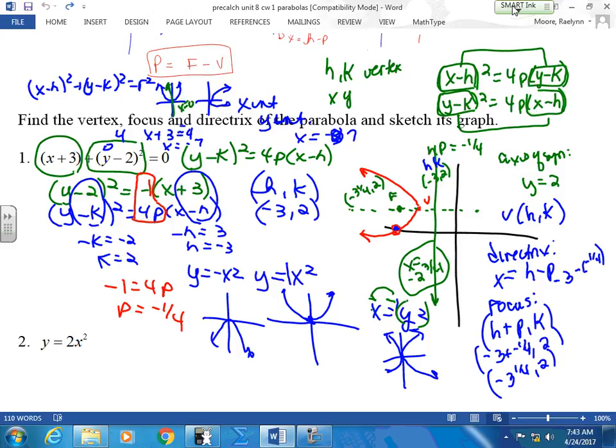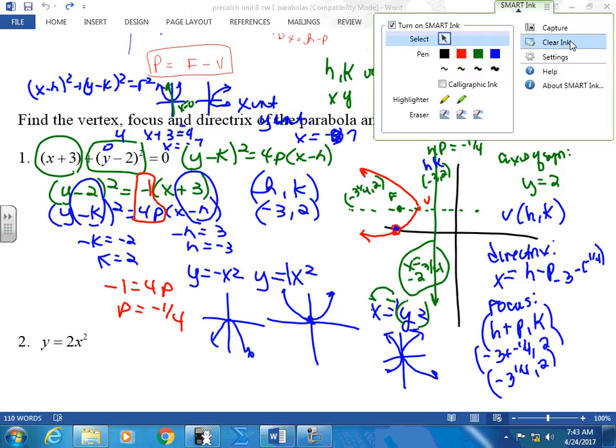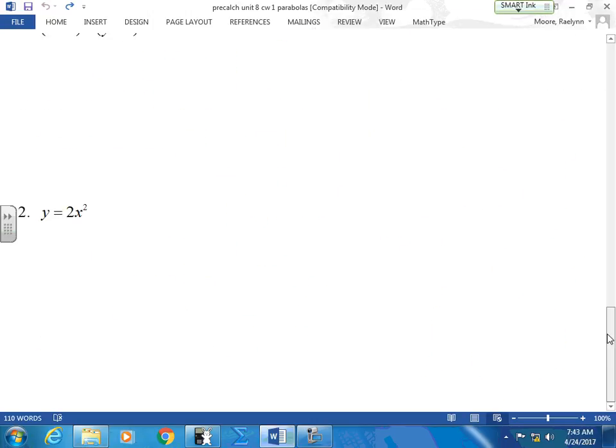Let's go to your favorite x squared. Okay? All right, now, this is an x squared, so we've got to use this format. I know this is nice to graph off of, but we need this format. So what should I do? What's my vertex on this?